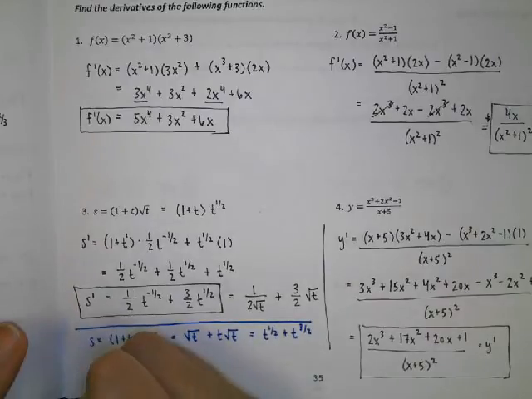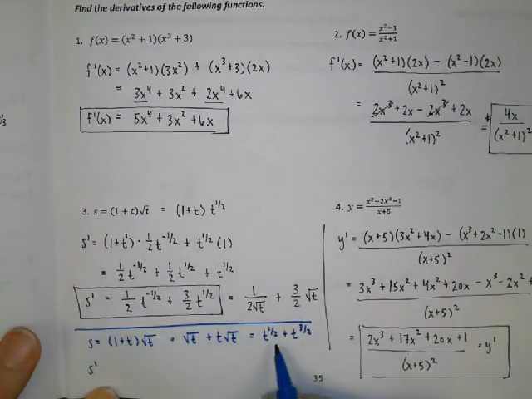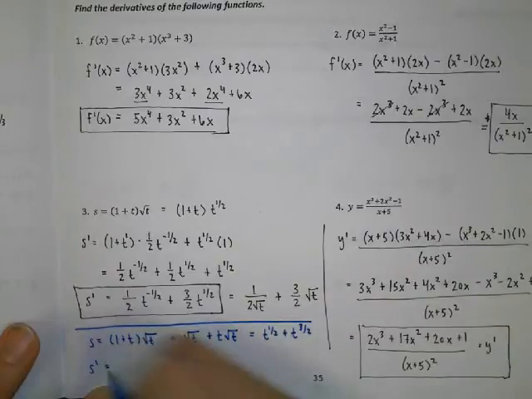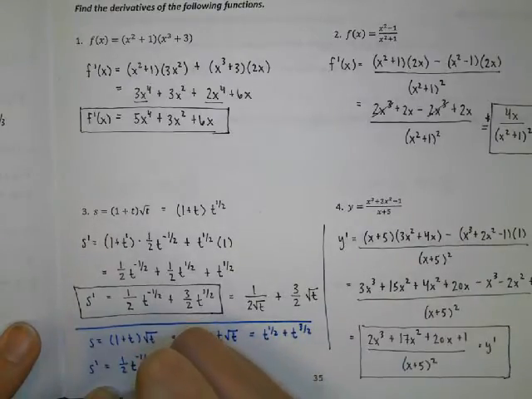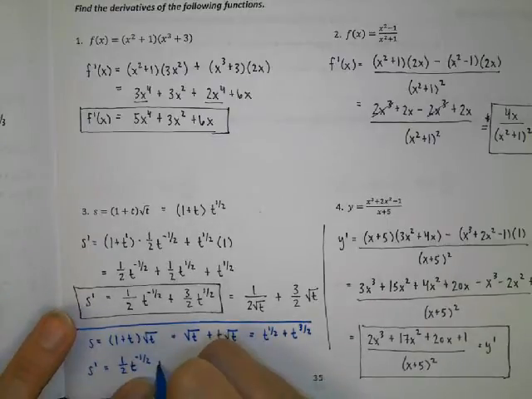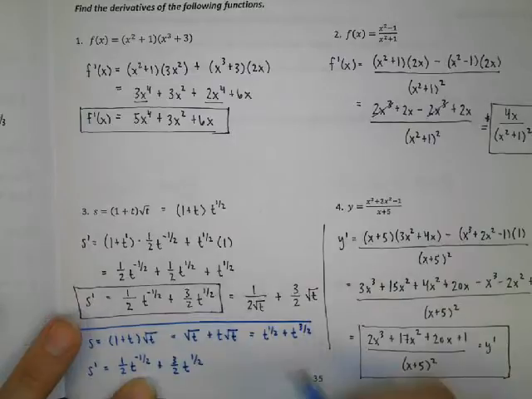Now to differentiate that, I have a simple power rule problem. And my derivative is just 1/2 t to the negative 1/2 plus 3/2 t to the 1/2.